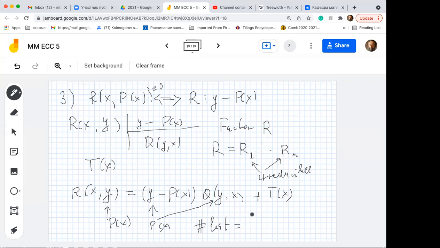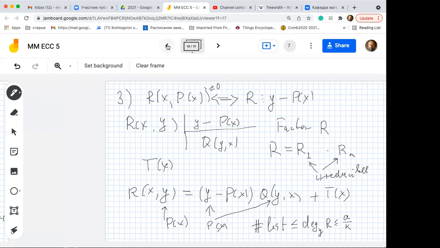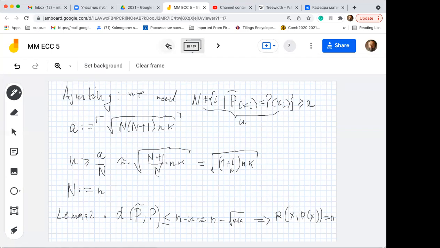So our list contains our polynomial, and the size of the list is at most the degree of r in y. And this degree is at most the degree over k, so this is at most a over k. Let's see what is the size of a.